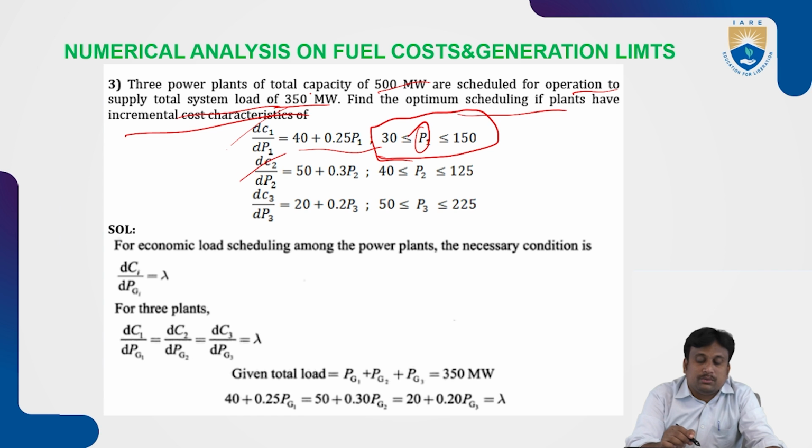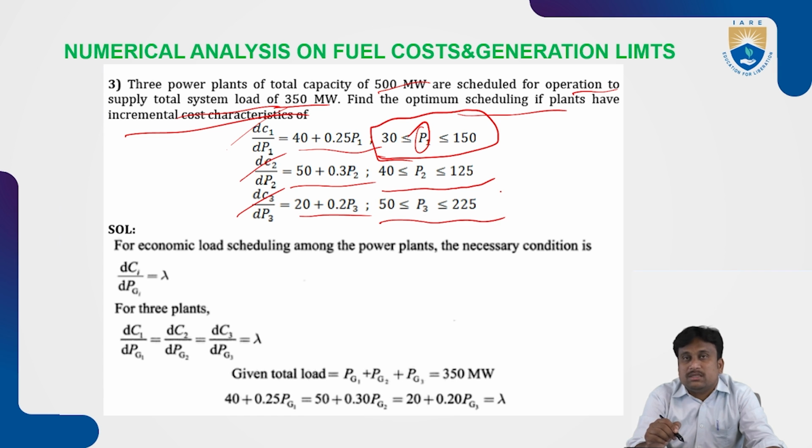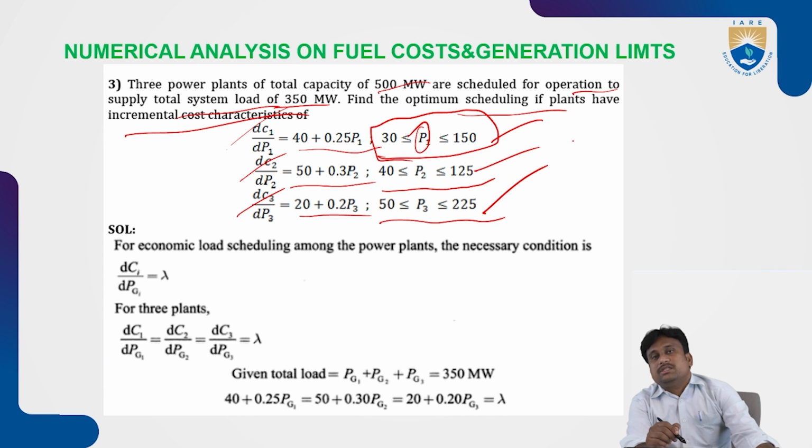Similarly, dC2/dP2 equals 50 plus 0.3 P2, where 40 is less than or equal to P2, less than or equal to 120. Similarly, dC3/dP3 equals 20 plus 0.2 P3, where 50 is less than or equal to P3, less than or equal to 225.